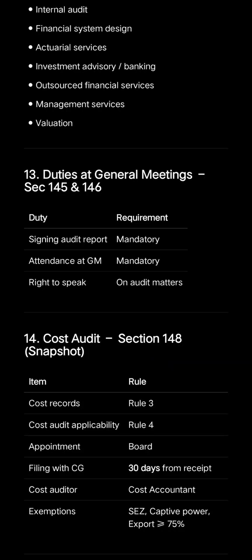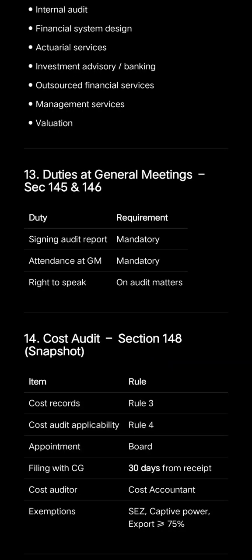Section 148, the cost audit. For cost audit purposes, the central government prescribes some special cost items for some companies, and those details will be in section 148. All the cost records, cost audit applicability rules, and cost auditor exemptions: SEZ, special economic zones, captive power.